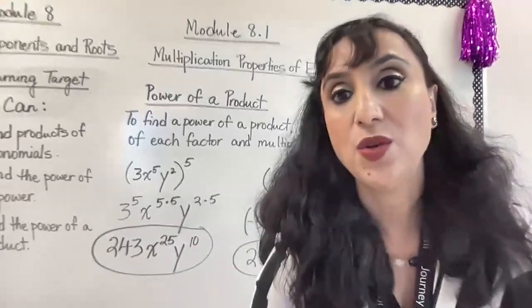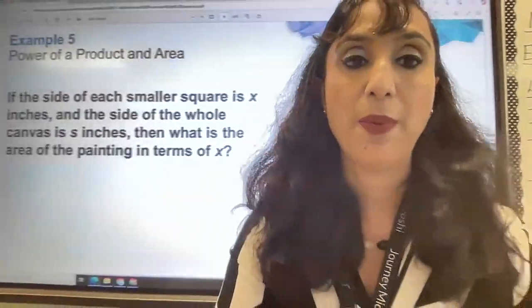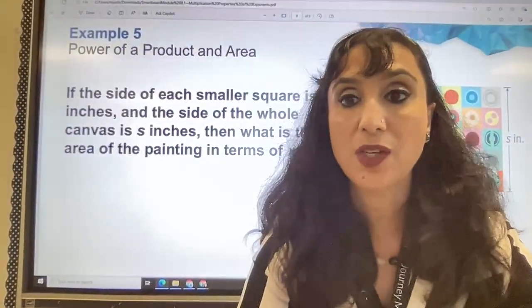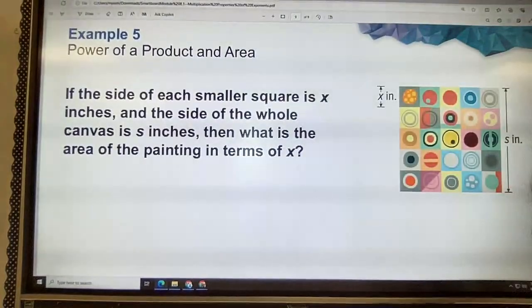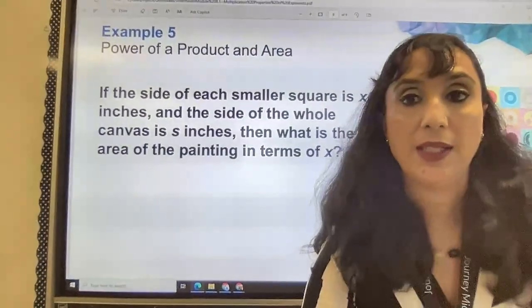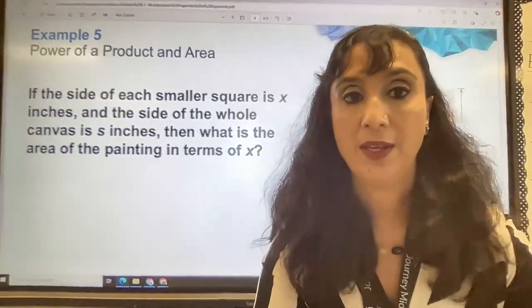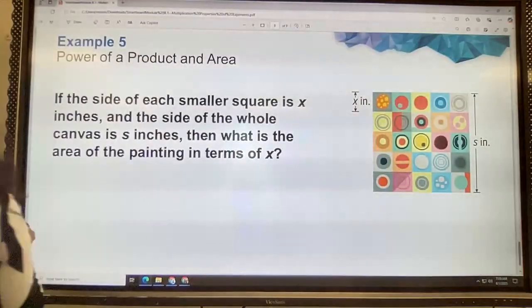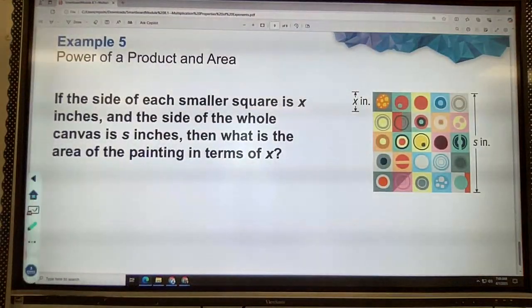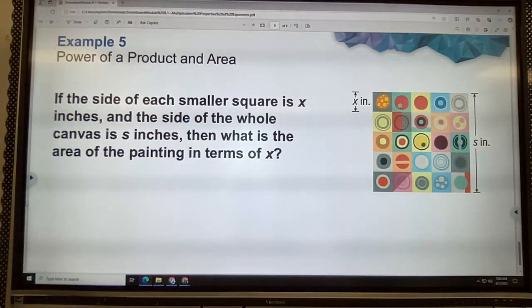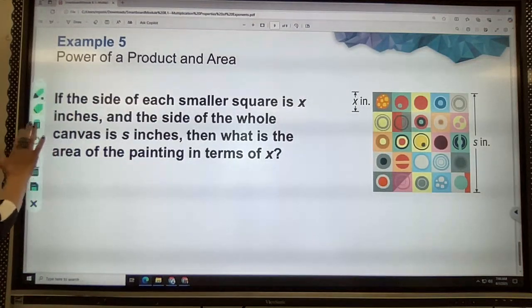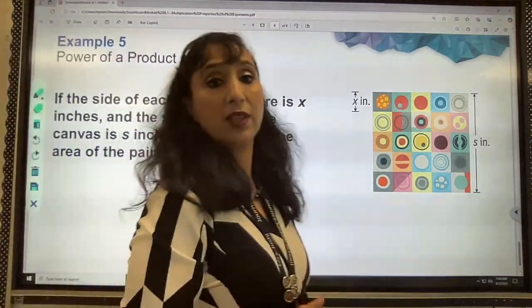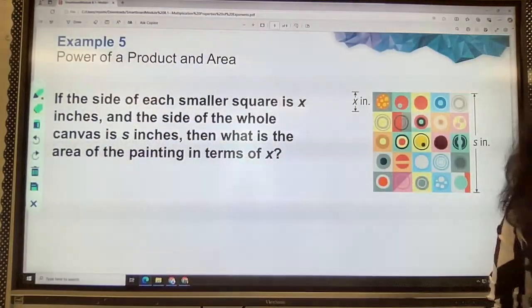So let's go ahead and do one last problem on the whiteboard, which is a word problem. So let's look at this one. And here we go. All right. So here's my question, and it's talking about the power of a product and area.